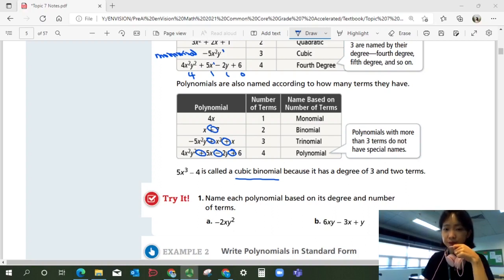Okay, are you ready? So how many terms does negative 2xy squared have? Just one. That negative isn't a subtraction. It's a negative sign, right? So that's just one term. It's not separated with any other terms.